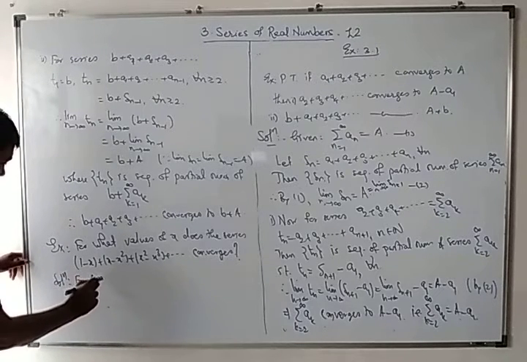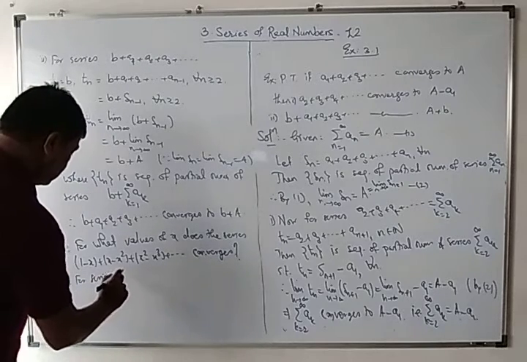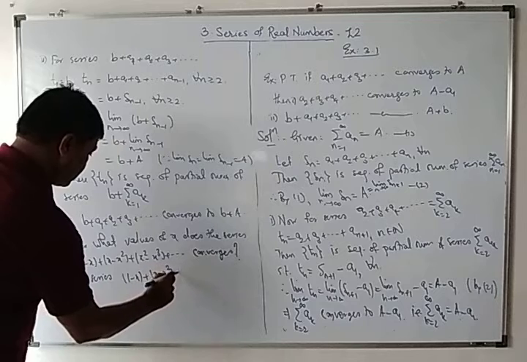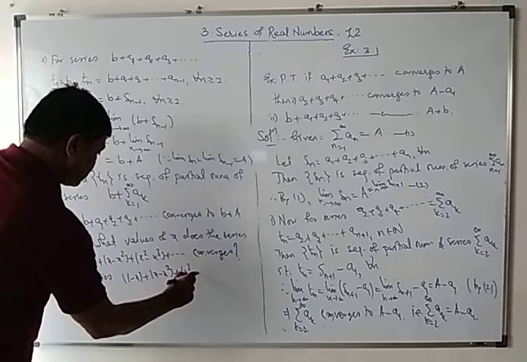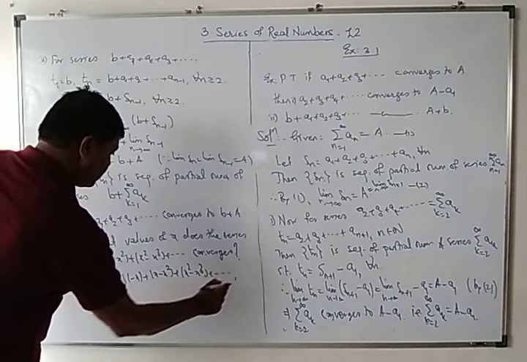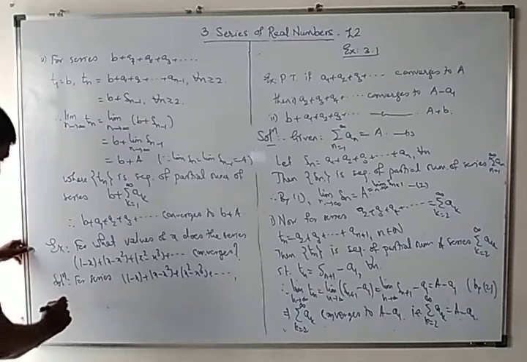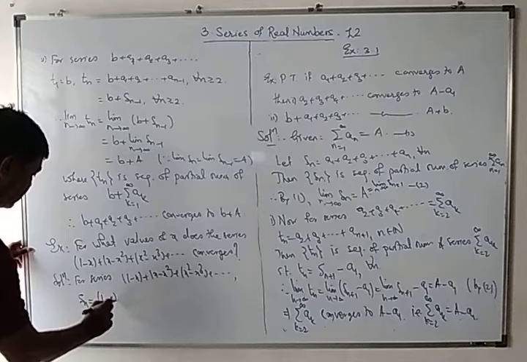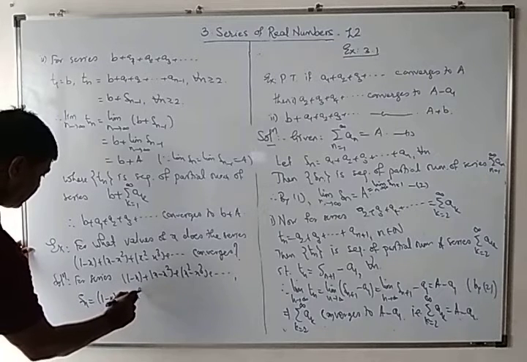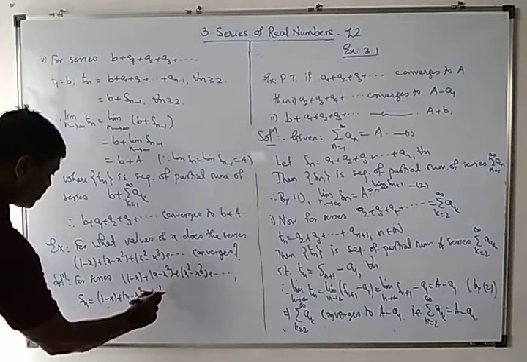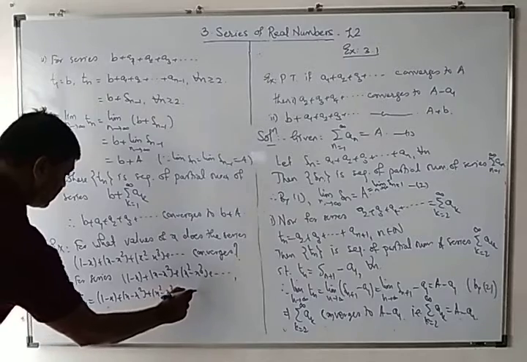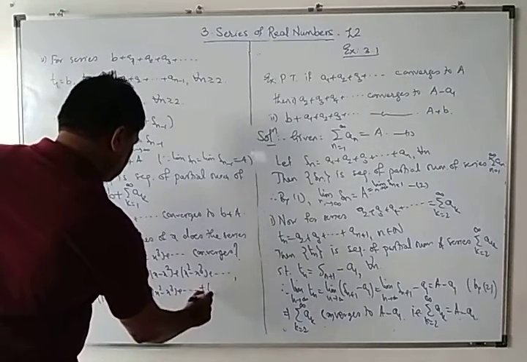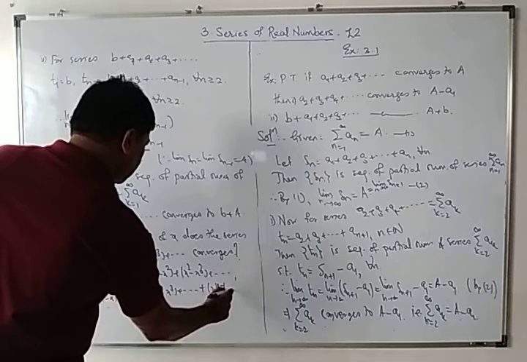For the series 1 minus x plus x minus x square plus x square minus x cube plus dot dot etc., Sn is equal to 1 minus x plus x minus x square plus x square minus x cube plus dot dot etc. plus x raised to n minus 1 minus x raised to n.